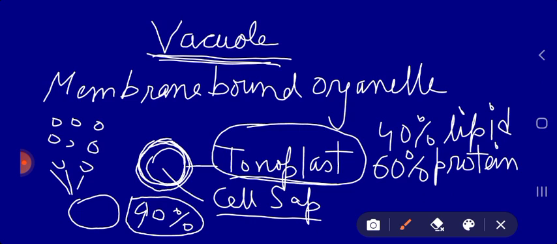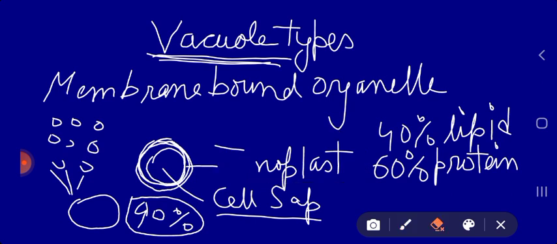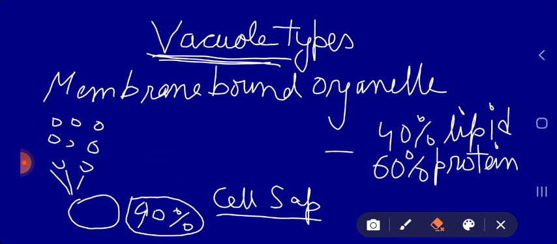Now I will be discussing the types of vacuole. There are different types of vacuole that we normally see. We can see gas vacuoles, central vacuoles which are found in plant cells, contractile vacuoles, and food vacuoles.